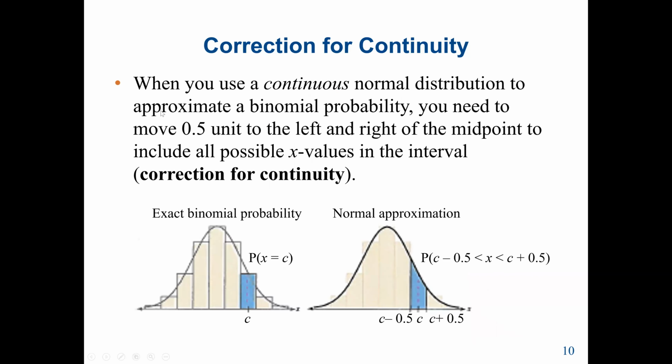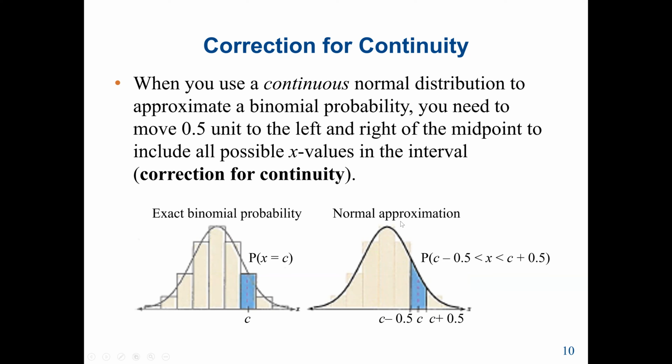So when you use a continuous normal distribution to approximate a binomial probability, we need to move 0.5 units to the left and also to the right of the midpoint to include all possible X values in the interval. And this is the concept of the correction for continuity. We can see in our diagram the exact binomial probability of X equal to c.